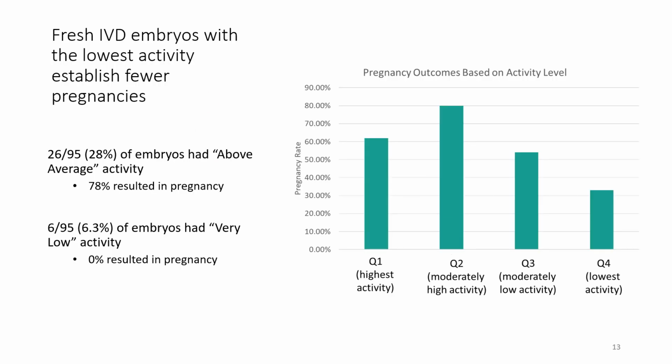If we compare pregnancy outcomes based on activity levels, we see embryos with the lowest activity establish the fewest pregnancies. Also, when we look at the embryos which had above average activity, 78% of those embryos resulted in pregnancy.